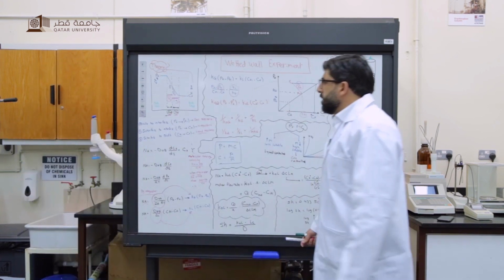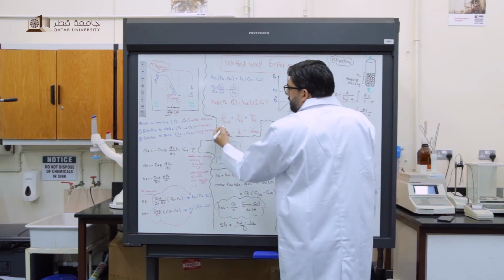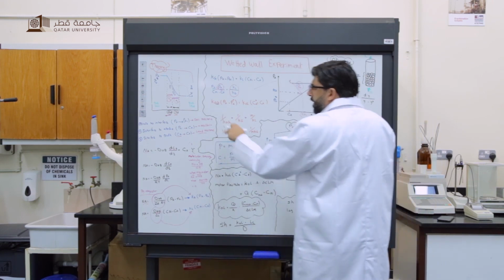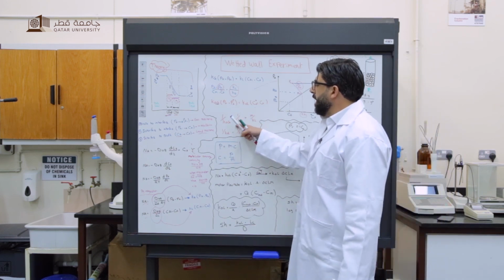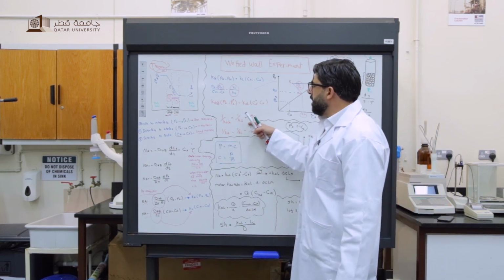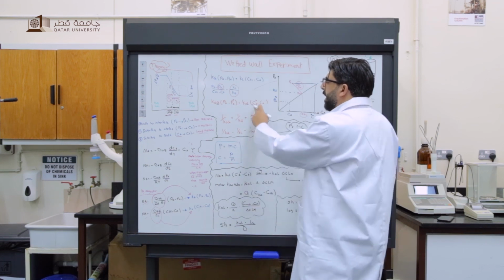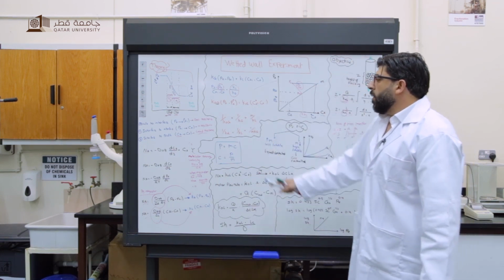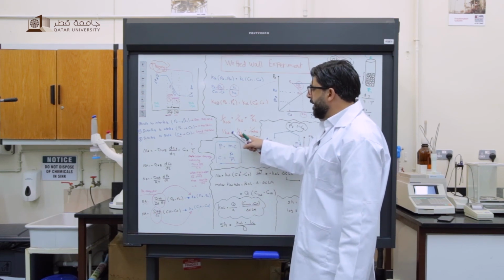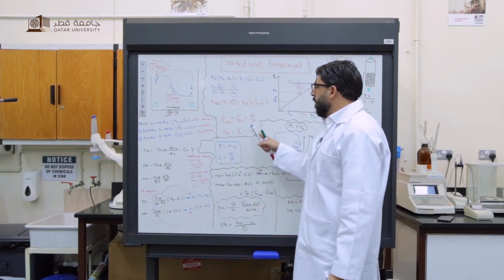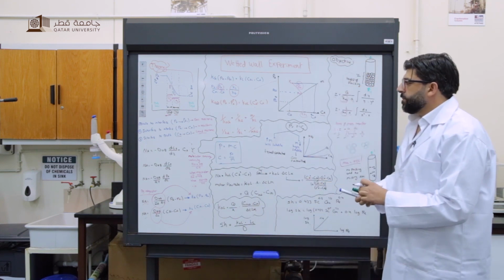Okay. Now, 1 over KOG, the overall mass transfer coefficient, equals both KG, individual of gas, and individual of liquid, and M is the equilibrium slope. And also 1 over KOL equals 1 over KL plus 1 over M KG.